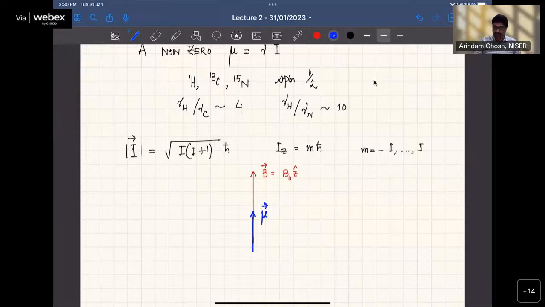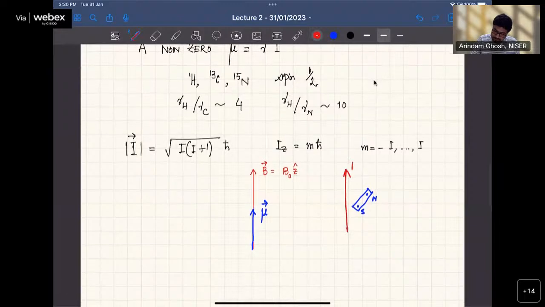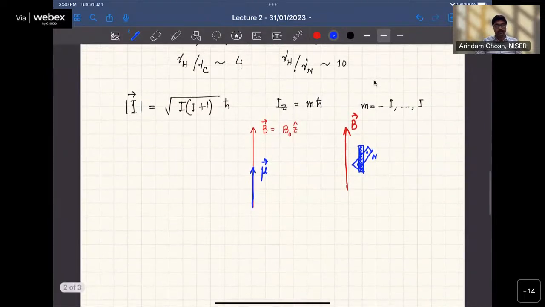What happens is that we have seen that if I have a magnet which has a north pole and a south pole, and if I switch on a magnetic field here, some B, immediately this north pole goes like this, south pole goes like this, so it will align. After some time we'll see that it is completely aligned like this. So is it going to be doing the same thing here? Because of course it is also a magnet and we have a magnetic field.